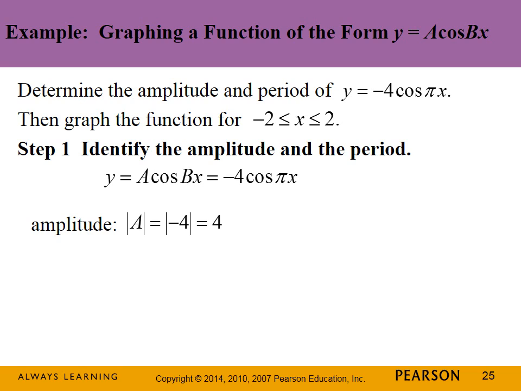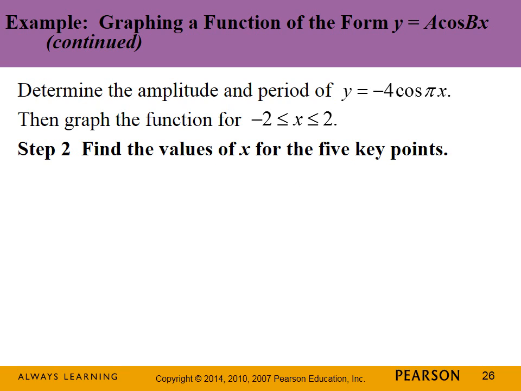This is where you have to be careful. Amplitude is always a non-negative number. And so the amplitude of this function is going to be 4. The period is 2 pi divided by b, which comes out to 2 pi divided by pi, which is 2. So it's going to take 2 units to see one full cycle of this function.